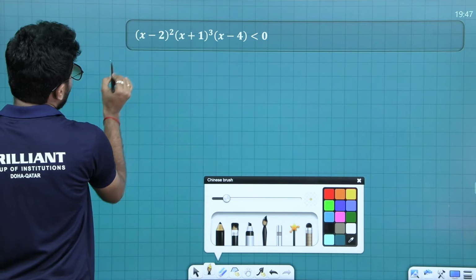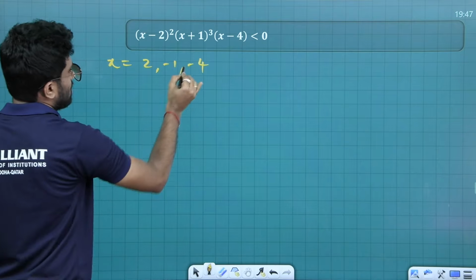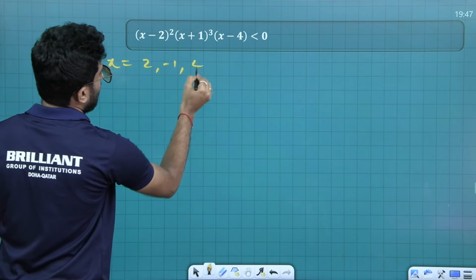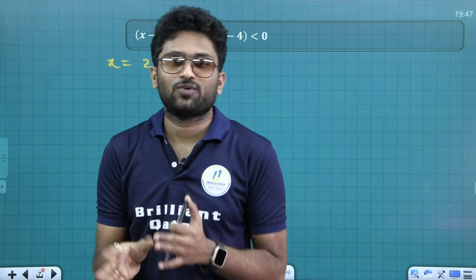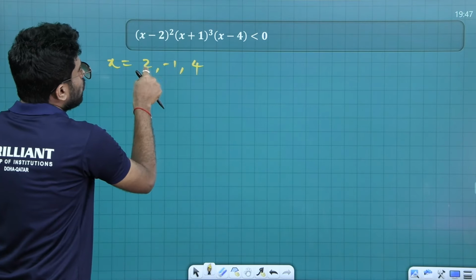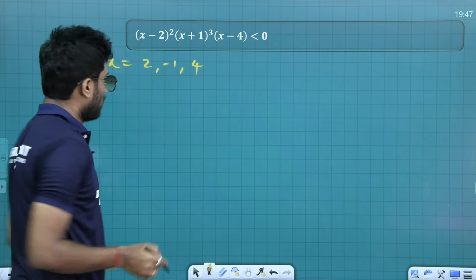So x can take 2, minus 1 and plus 4. These are the zeros of the given function.